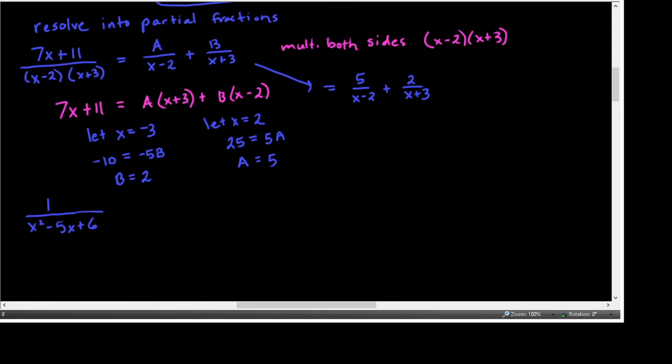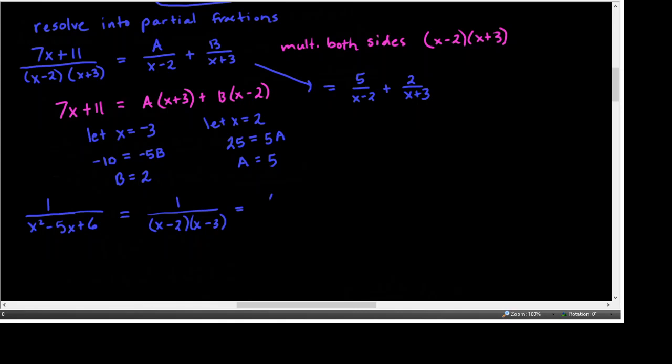Well, if you notice in the other one, we already had the denominator in factored form, so the first step that we'll need to worry about is factoring. So what factors of positive 6 add up to be -5? Of course, that's -2 and -3.